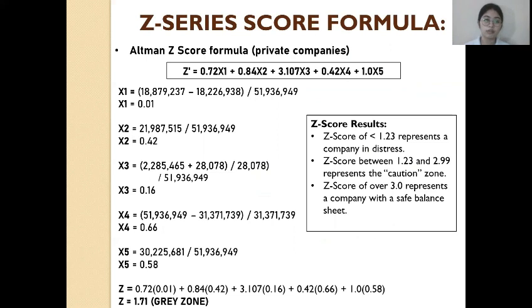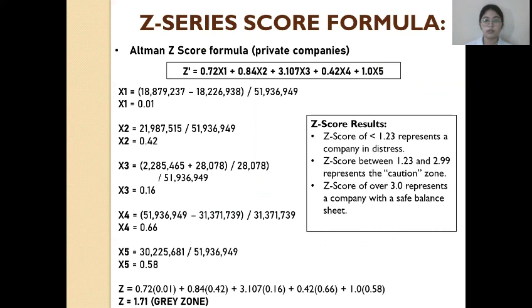So for X1, we have 18.8 million minus 18.2 million divided by 51.9 million. We get an answer of 0.01. X2, the retained earnings of 21.9 million divided by total assets 51.9 million equals 0.42. X3, which is the EBIT divided by total assets, 2.2 million plus 28,000, divided by 51.9 million equals 0.16.